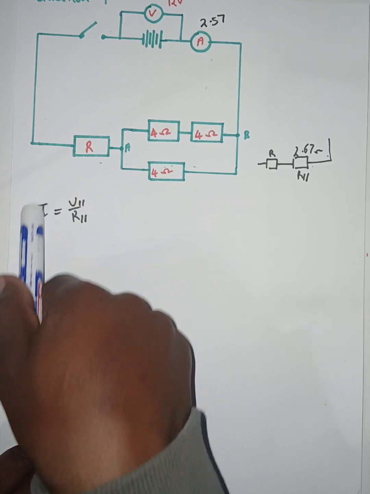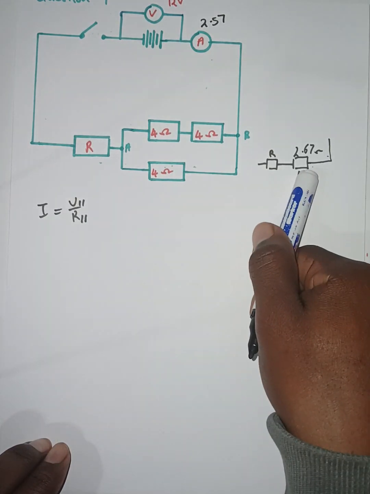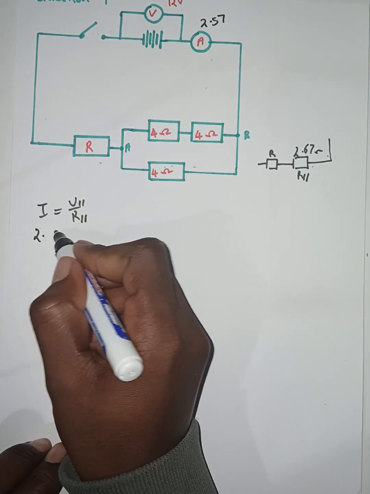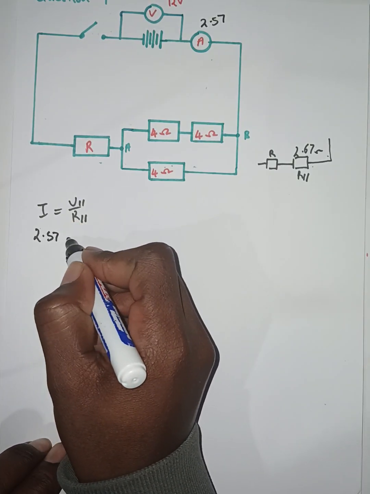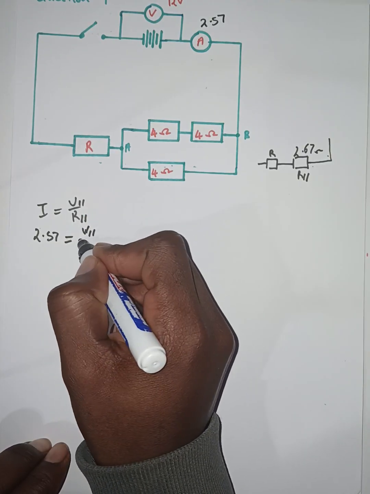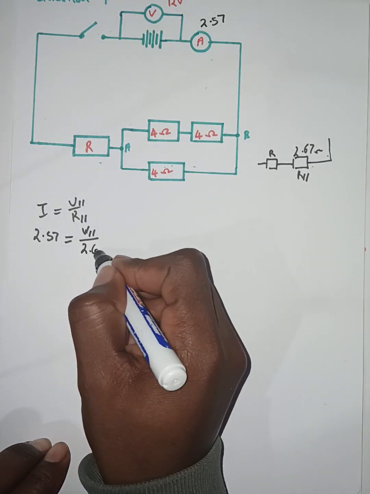Now remember, I know the current, and I know the value of R parallel. So this would be my current, 2.57, and this equals V parallel divided by that 2.67.